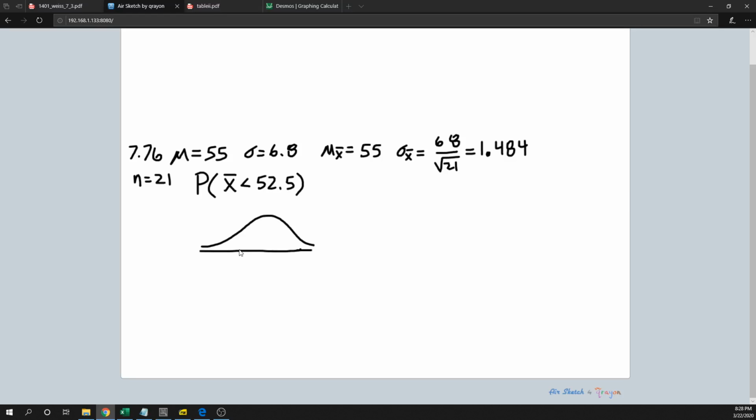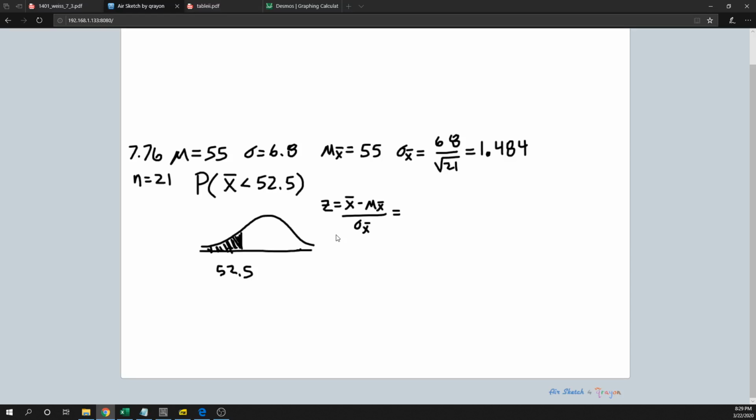So 52.5 would be less over here. And we know that we want the area there to the left, right there. Okay. All right. So to calculate that area under the normal curve, we're going to calculate the z-score, right, of 52.5 using the sampling distribution of the sample mean.